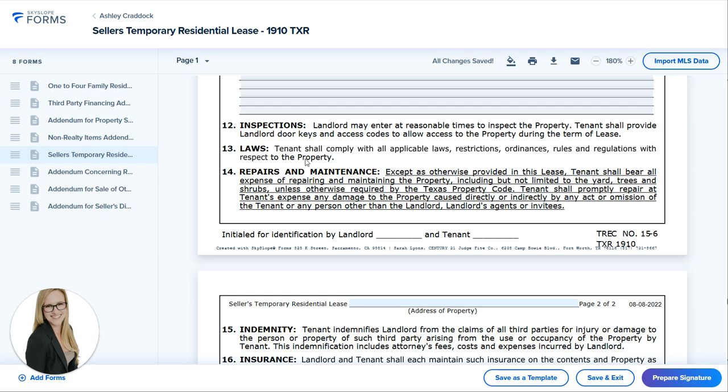This homeowner is going to be responsible for maintenance items. So based on this right here, it says the tenant is responsible for maintenance of the yard and then also shall make prompt repairs at tenant's expense, directly or indirectly caused by the tenant, or anyone else other than the landlord.